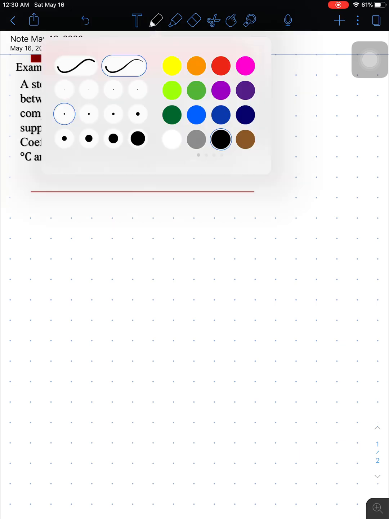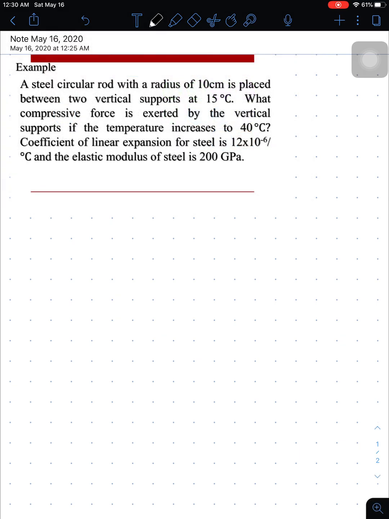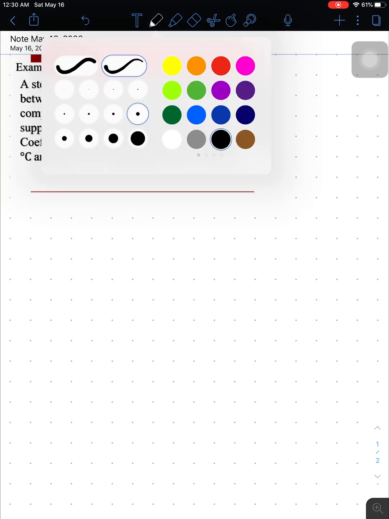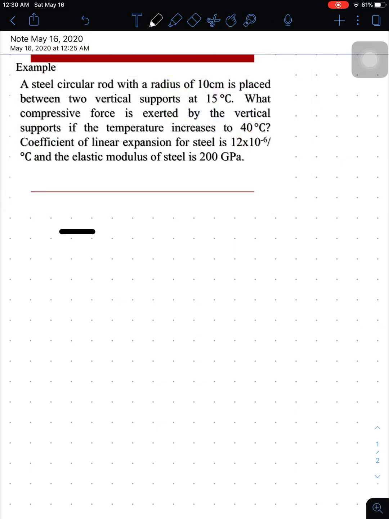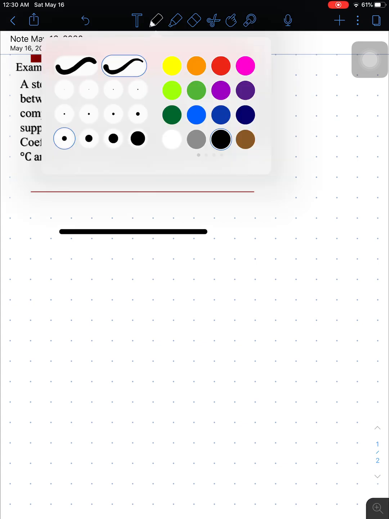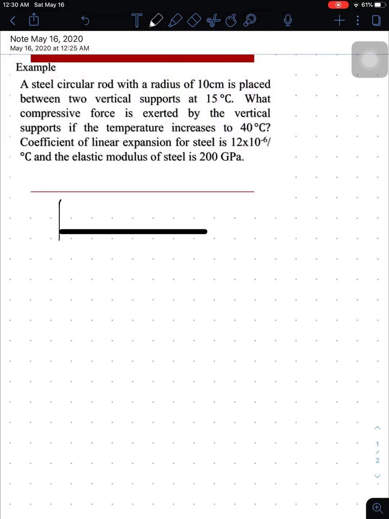So let's start with drawing the figure. This is our material, and according to the problem we are supporting the material with vertical supports. So here, not a vertical support.